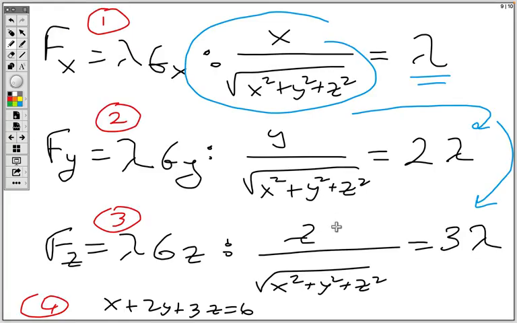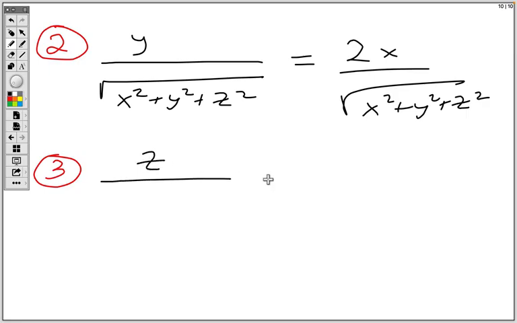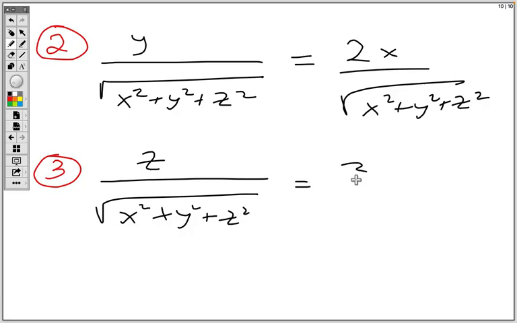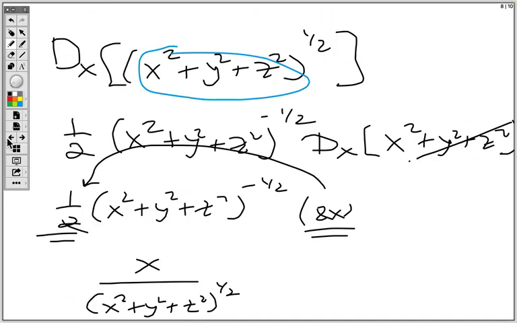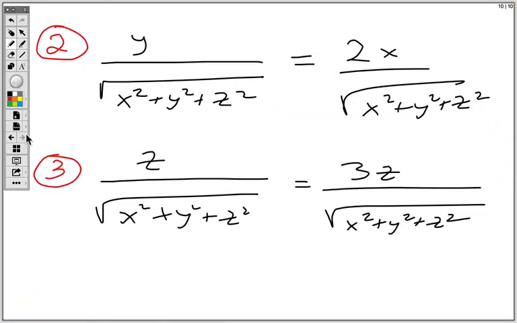Equation 3, z over this would be 3 times lambda, so it would be 3 times that. Okay. Now, before we go multiplying stuff through and canceling things out, I suppose we should address the question, is it 3x? Probably. Hold on. Yes, thank you. 3x, thank you.